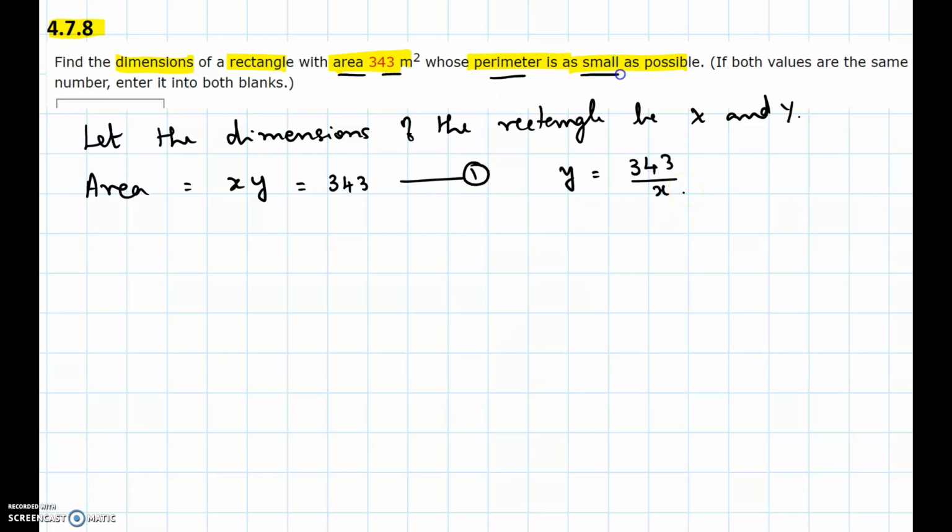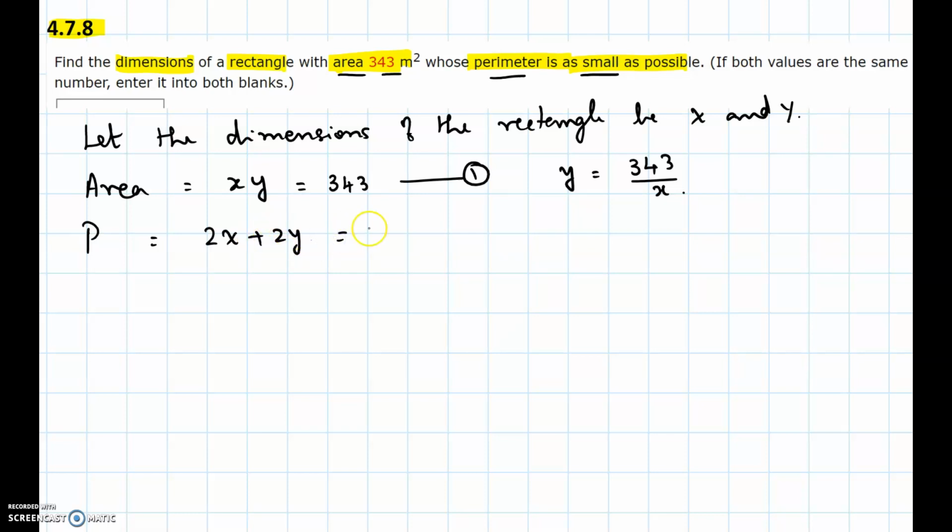Then we want to minimize the perimeter of the rectangle as small as possible. Minimize the perimeter, which says that as small as possible. So we are minimizing it. So the perimeter of the rectangle is 2x plus 2y, twice the length plus twice the width.